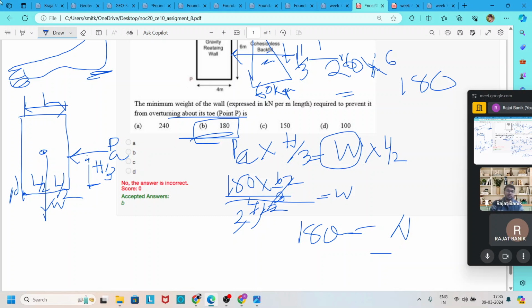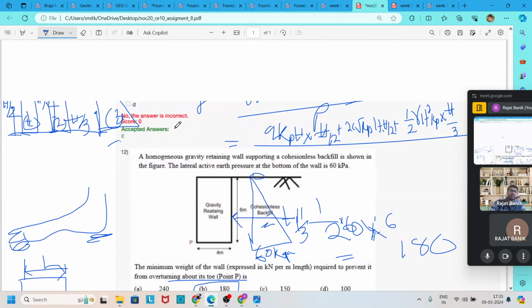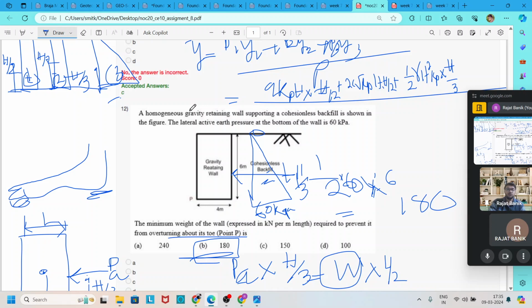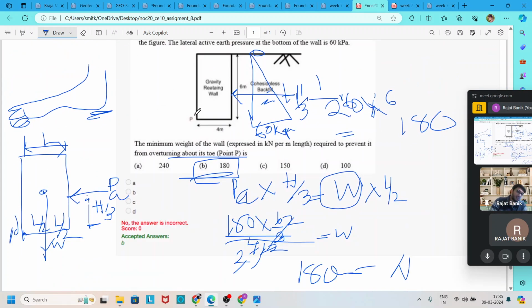So I think we solved all these assignment problems. These assignment problems are as important as your class problems, and they are very good. Very good assignment problems were given in previous years, and similar types of assignment problems are given.